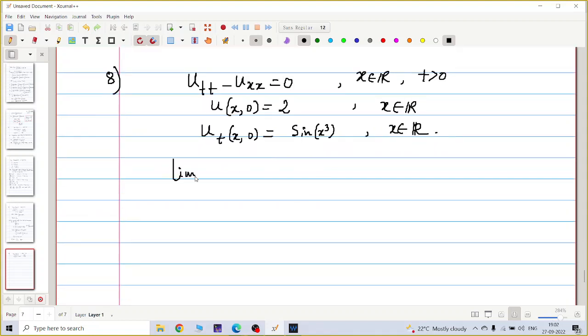What we have to find is the limit as t tends to infinity of u(0, t). That is what you have to find. So let me do the problem here.